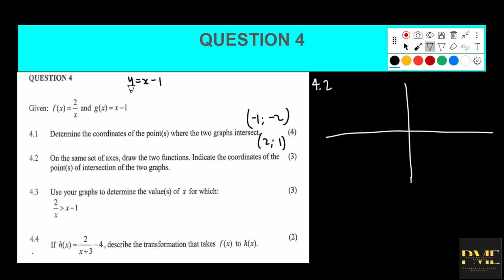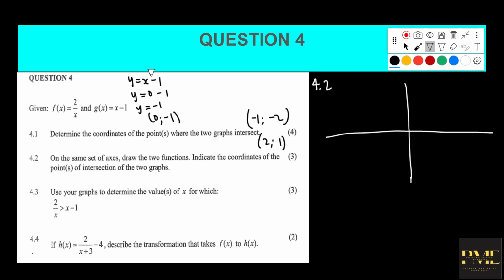Okay, so in other words, to get our y-intercept, we're going to substitute 0 where we have our x, and our y will be equal to 0 minus 1, and then our y will be equal to minus 1. So in other words, this straight line will intersect the y-axis at the coordinates where, when x is 0, y will be minus 1.